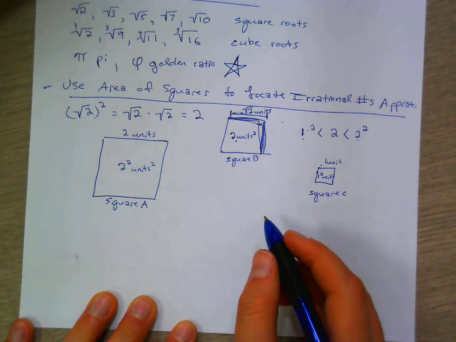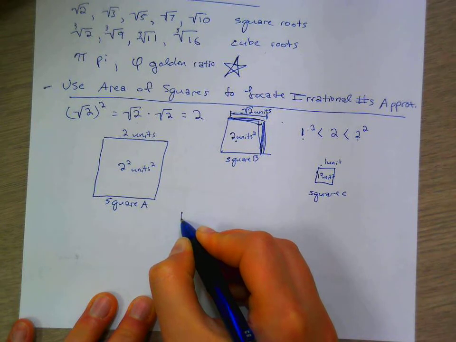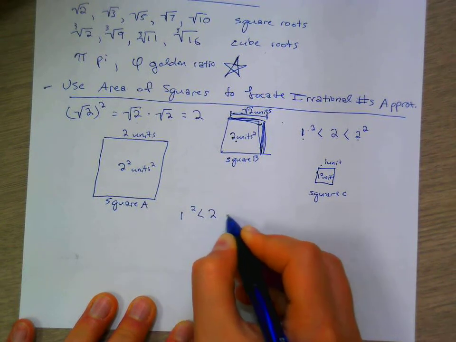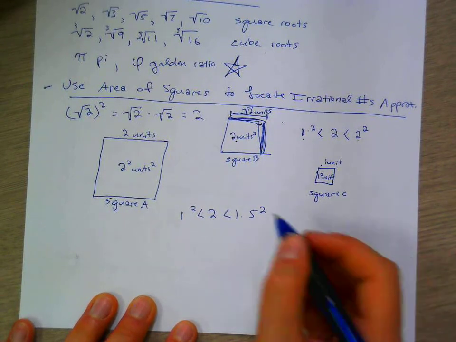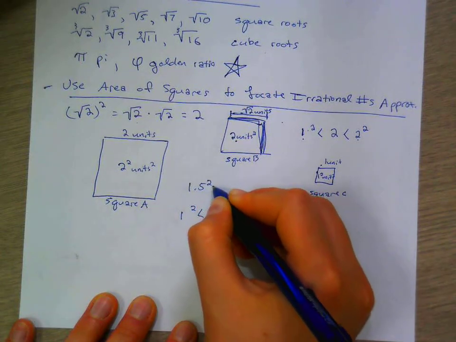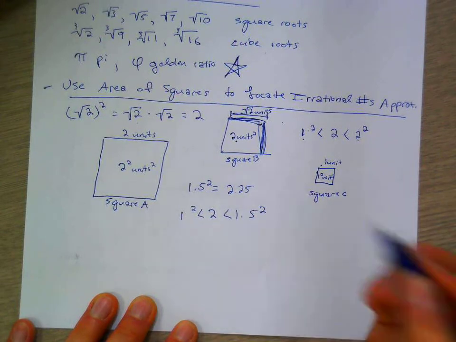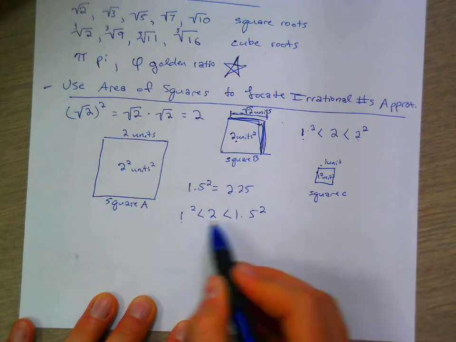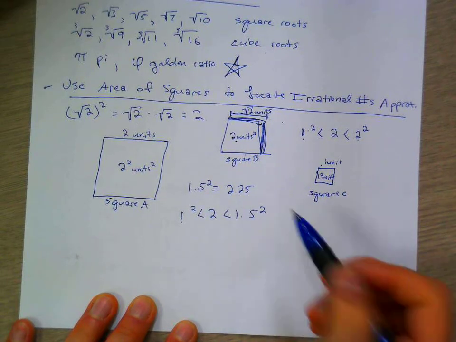So we can say 1 squared is less than 2 is less than 1.5 squared, because we know that 1.5 squared equals 2.25, and 2.25 is greater than 2. So now we can approximate this square is smaller than square D with a side length of 1.5.